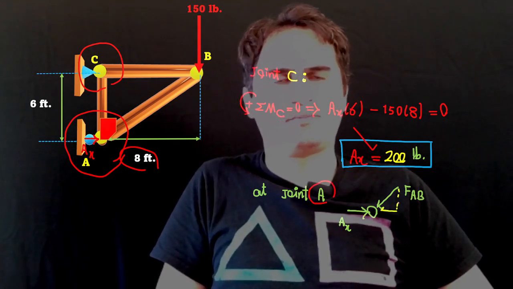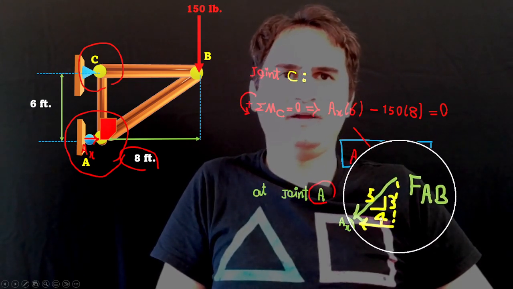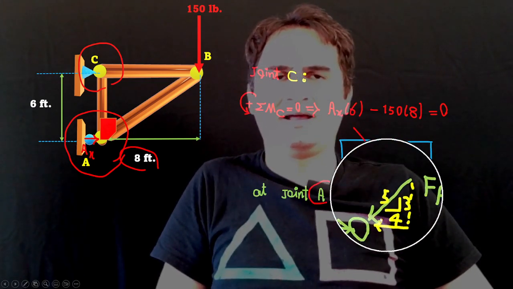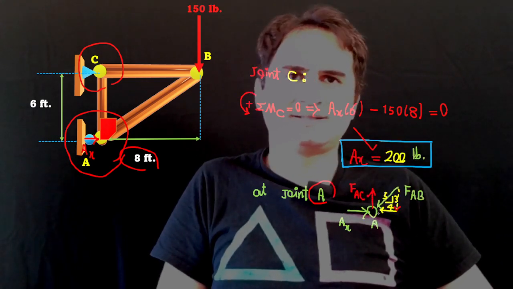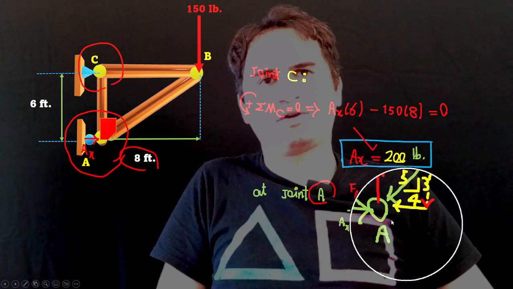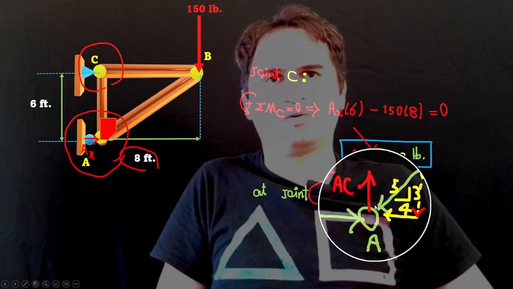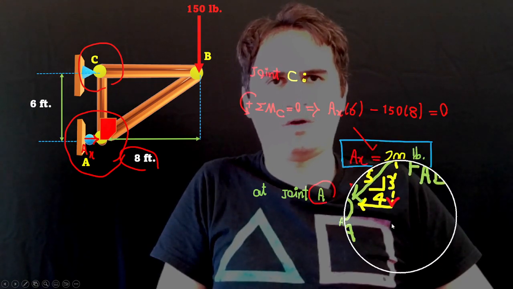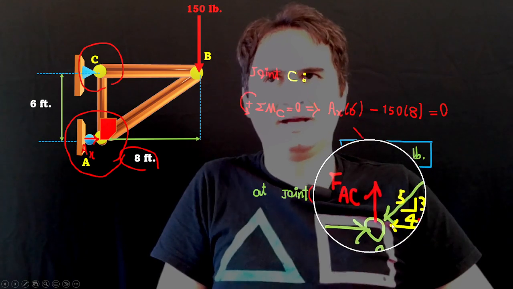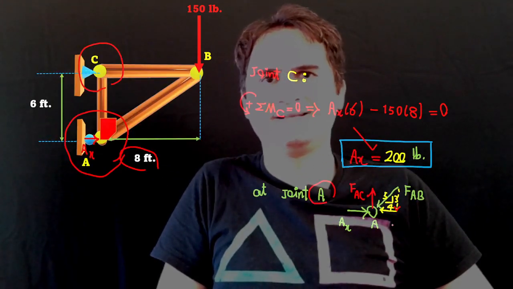If we project the X and Y components of AB, this is a 3, 4, 5 triangle. The horizontal component of FAB will cancel out Ax, and the vertical component of FAB, which is a downward push, is cancelled by FAC, the force in member AC.